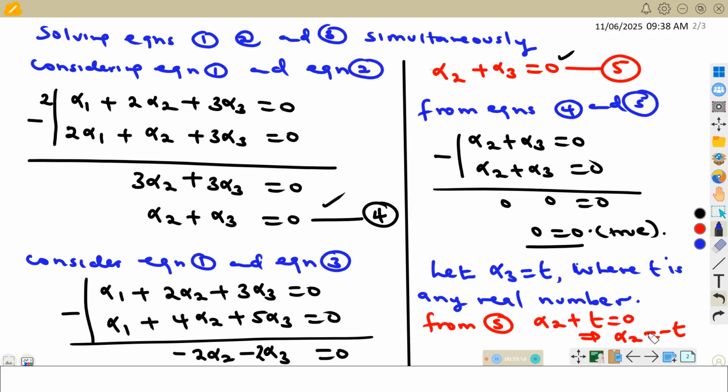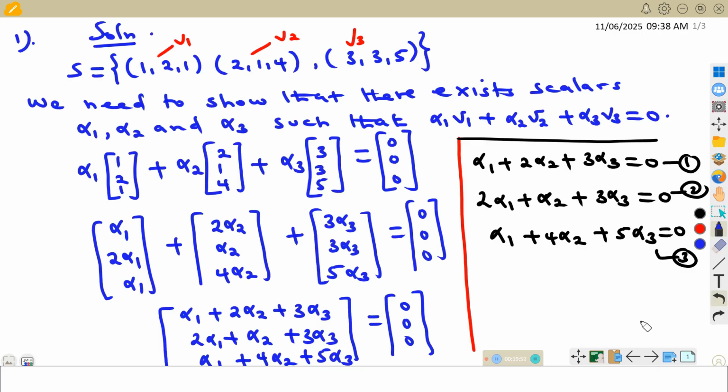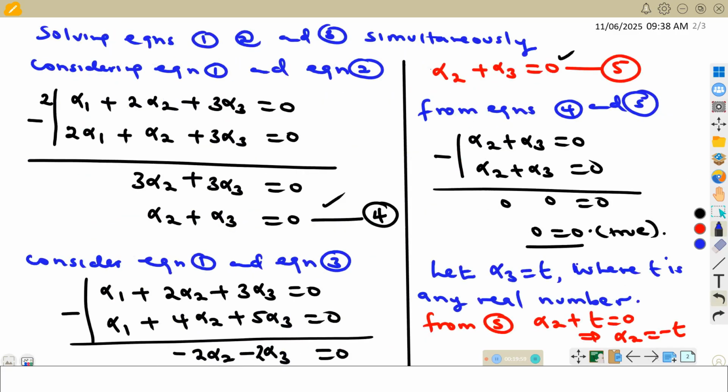Possibly let us choose equation number 1, which is saying alpha 1 plus 2 alpha 2 plus 3 alpha 3 is equal to 0.